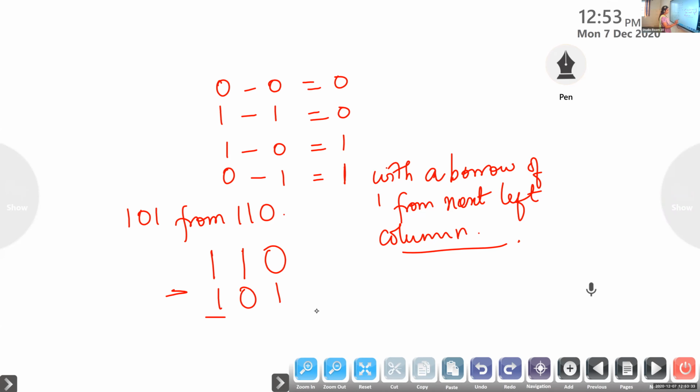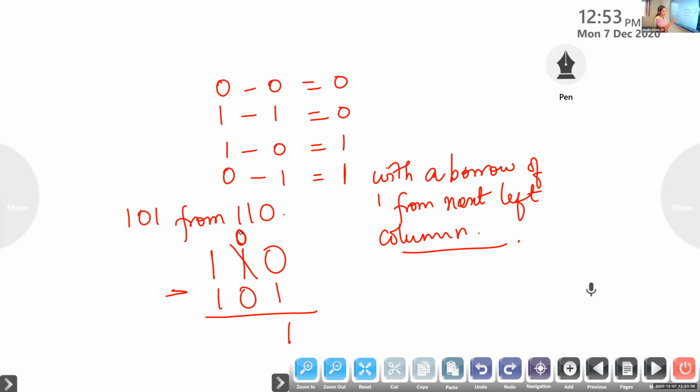How will you do this? What is 0 minus 1? What we learned? 0 minus 1 is 1 with a borrow of 1 from the next column. We are borrowing 1. So when we borrow this 1 from 1, it will become 0.